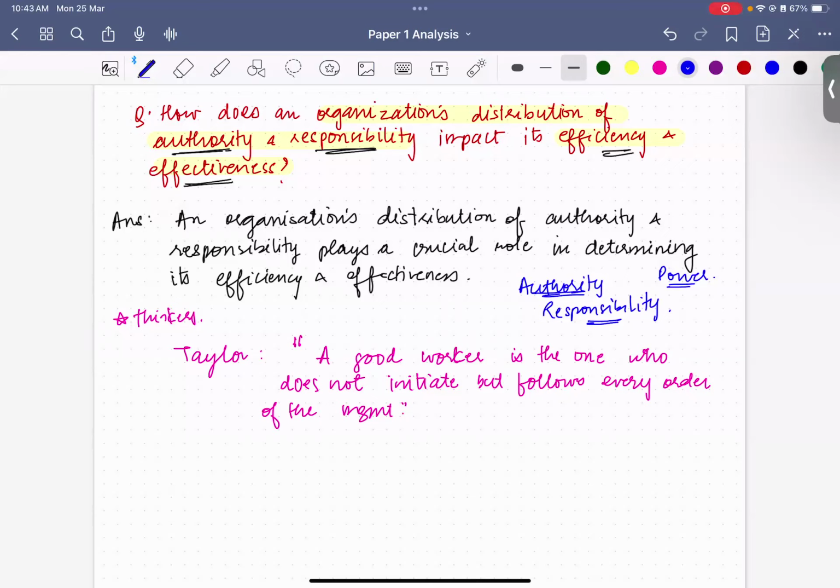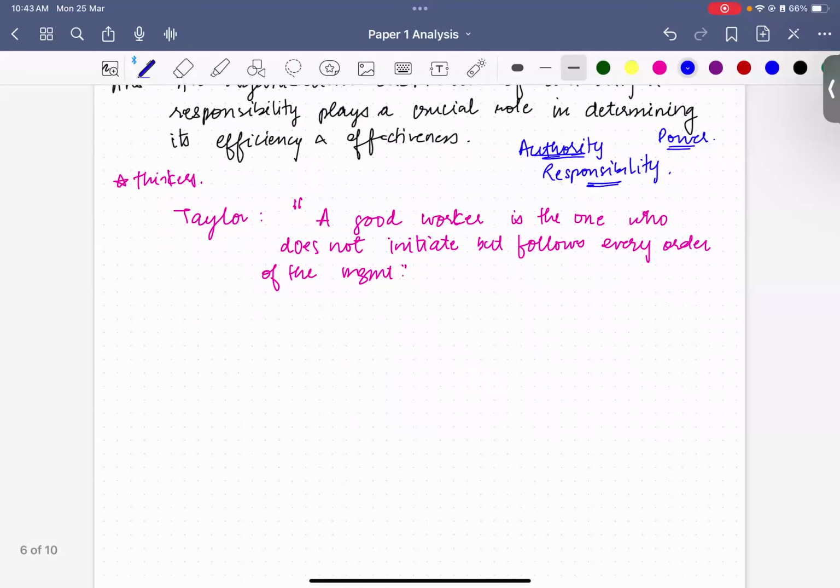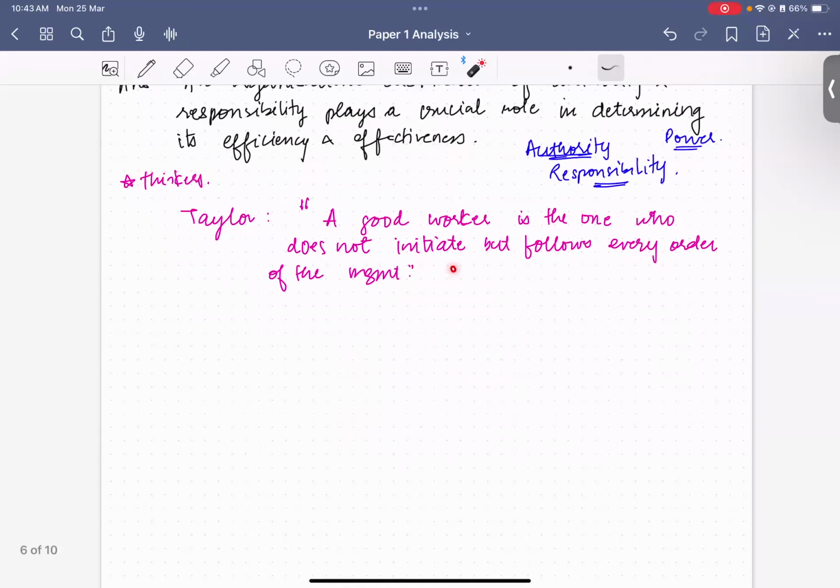But responsibility lies on the other side. So a little bit of explanation in your own terms would also help. So what does Taylor mean by that? The authority was centralized in the upper management, and the responsibility was totally delegated to the workers.